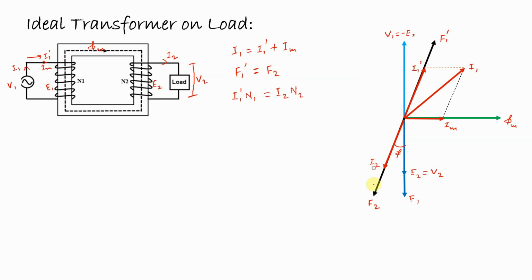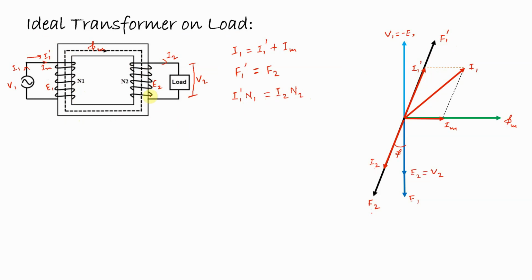Because of the current I2, F2 is developed. Because of this, an extra magnetomotive force F1 dash will be developed in the primary. F1 dash is produced by I1 dash flowing in the primary winding N1. So we can write I1 dash into N1 is equal to I2 into N2.